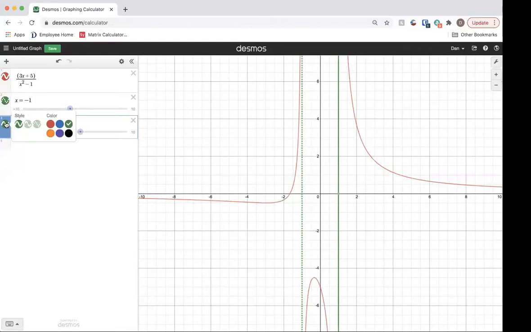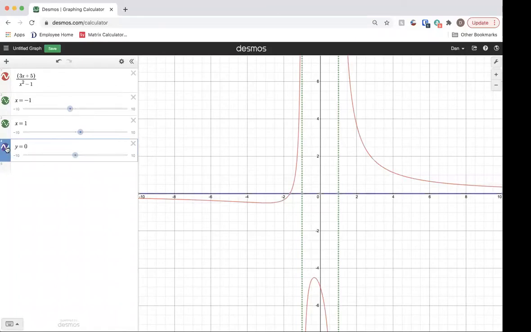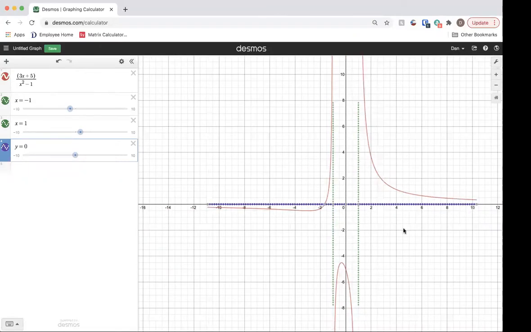Now I'm going to do x equals 1. And then we had y equals 0. I'm hoping that you can see how the asymptotes work, but I'm going to scroll down a little bit bigger.